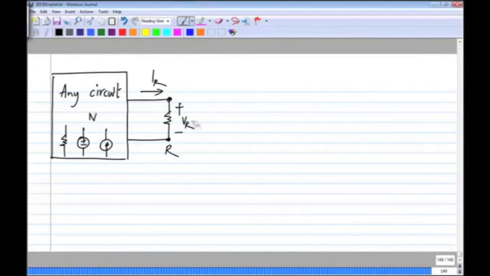So instead of a resistor, we could have any element which has a current IR through it and a voltage VR across it. I will still call it IR and VR. This need not be a resistor. This can be any two terminal element.